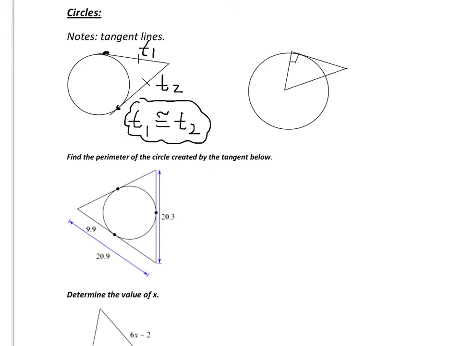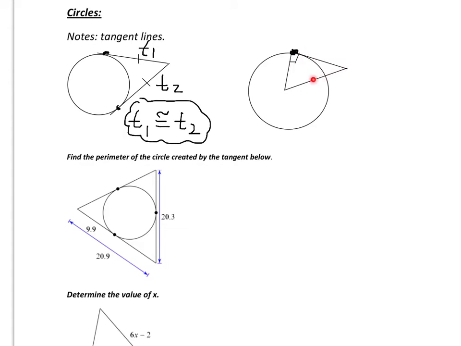Now let's go over to this other circle. This is the radius, this is also a radius, and this right here is the point of tangency. This is where the radius and the tangent meet. Once they meet, they create a right triangle, because that's a right angle.